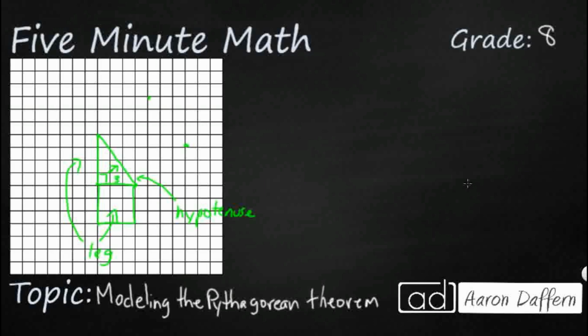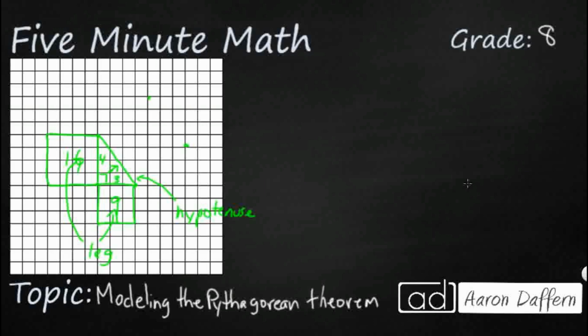So we now have a total of 9 squares coming off the side of this triangle. And this other leg has a length of 4, so I'm going to make a 4 by 4 square, and this has an area of 16.